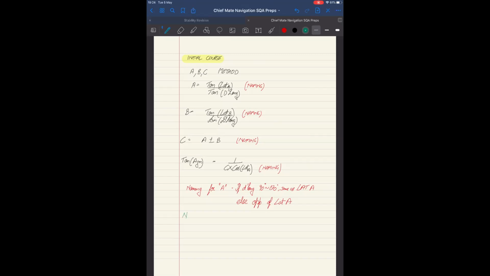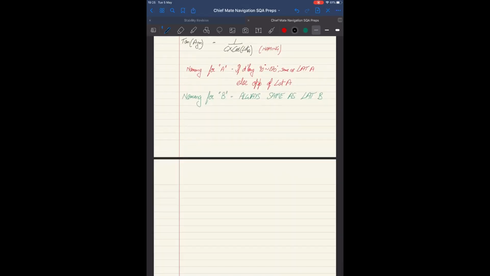Now we'll look at naming for B. It is always same as latitude B. If latitude B is south, your naming for B is south. If latitude B is north, the naming of B is north.